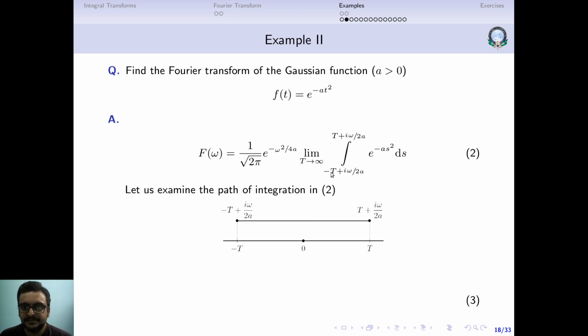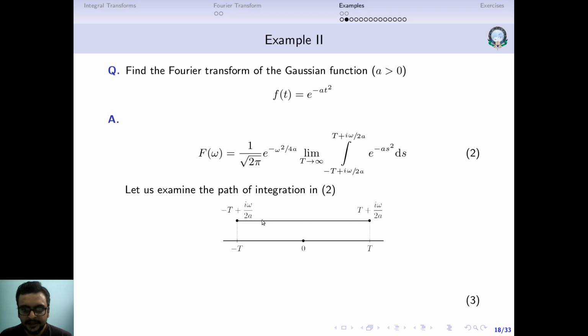Minus T plus I omega by twice a has an imaginary part along the positive imaginary axis, and the upper limit will be T plus I omega by twice a. So basically the path of integration will be a straight line parallel to the real axis.